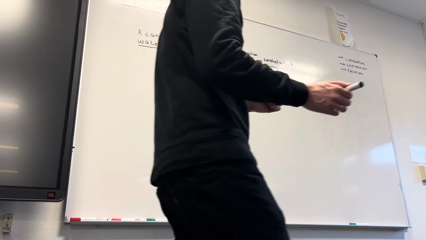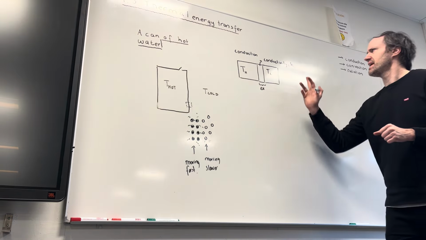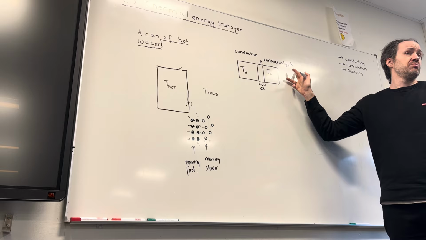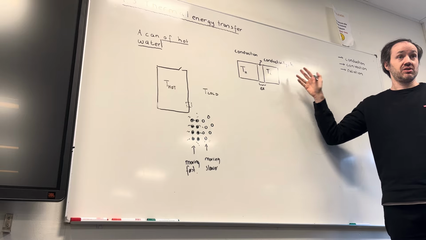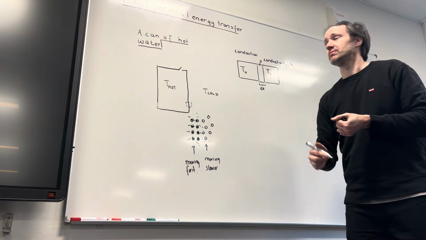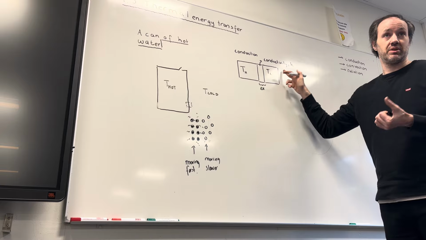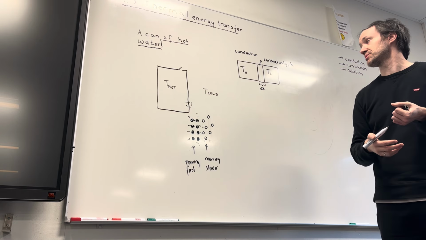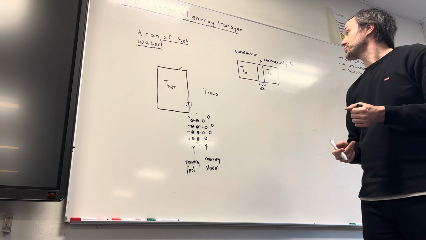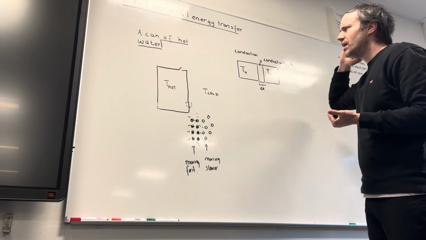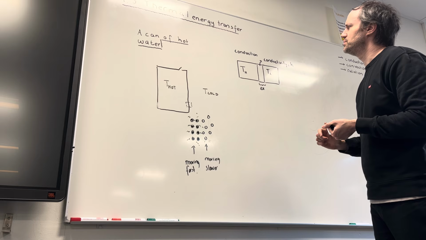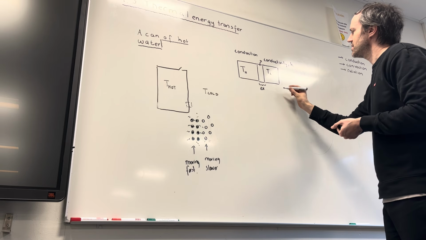And a vacuum has a conductivity of 0. Actually, it's a very good insulator. So the conductivity of a vacuum is 0 because it doesn't have any particles. And here, it's a bit difficult to draw that in the formula.